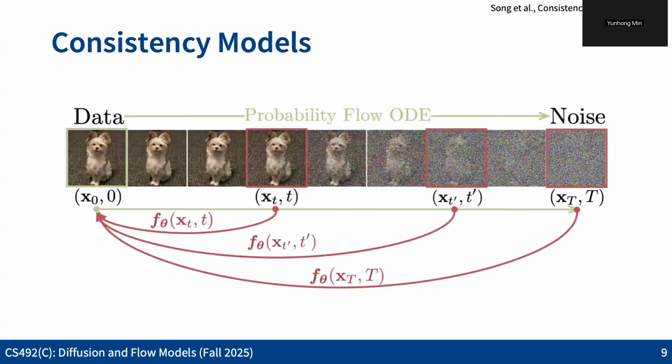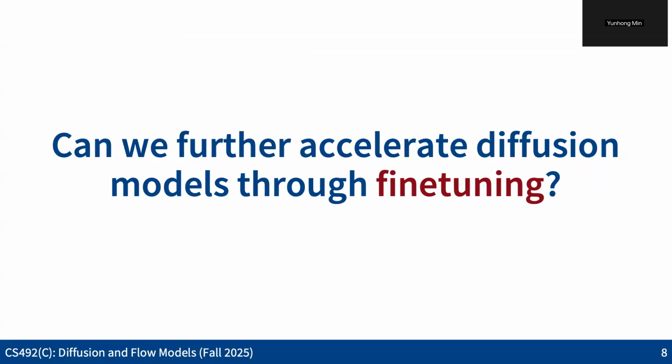We are not going to get into too much detail on the many acceleration techniques. The reason I'm mentioning this is that one of the biggest motivations for discussing the flow models that we are going to start discussing from today is also about acceleration with fine tuning. But this is a really important topic in terms of further reducing the computation.